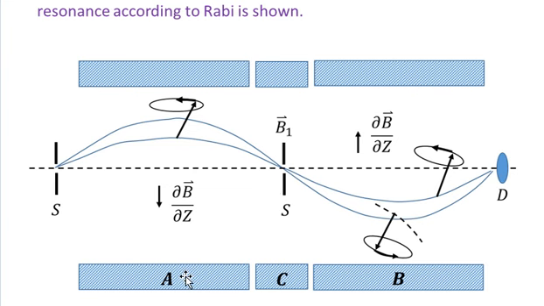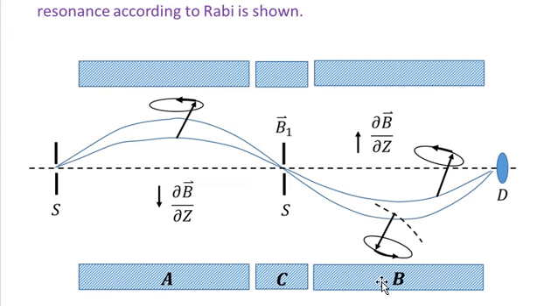But when you apply the magnetic fields through the magnets A, B, and C, the A and B magnets provide an inhomogeneous magnetic field, whereas the magnet C provides a homogeneous magnetic field.